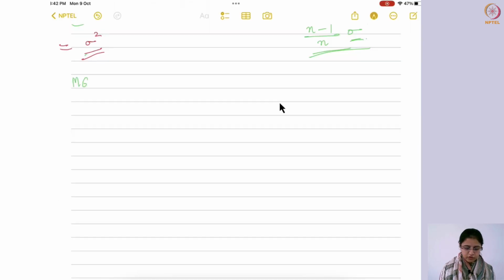So now we want to prove the MGF result. The result says that the MGF of the sample mean at t is the moment generating function of x at t over n, whole to the power n.